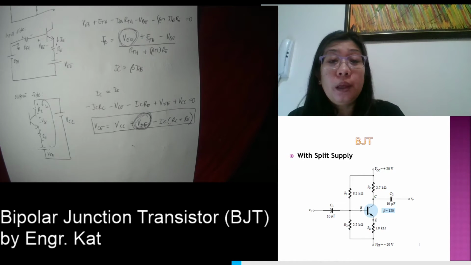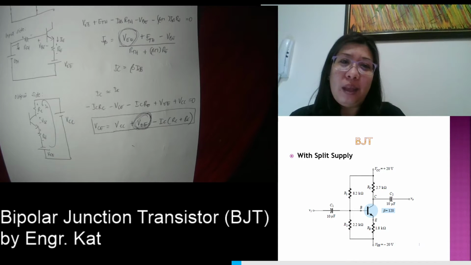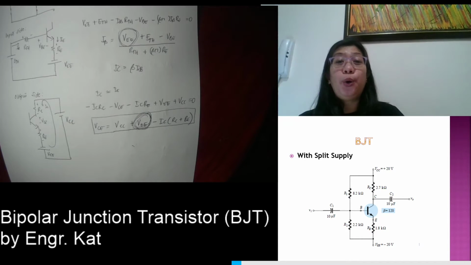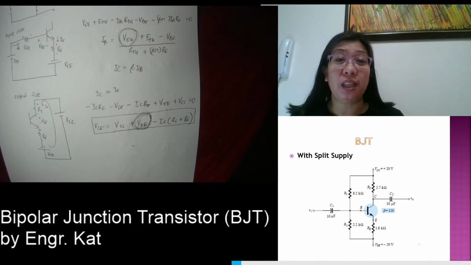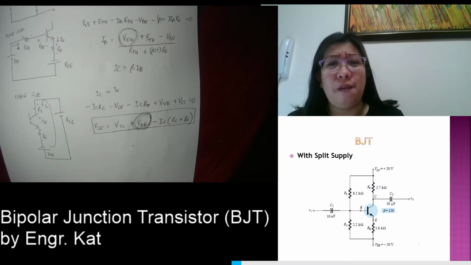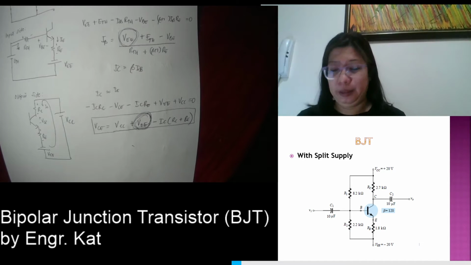Aside from the common base configuration, because in the common base configuration we don't have IB, it's IE, and then you relate IE with IC. So even if you encounter problems or circuits that we haven't discussed, you just have to follow the procedures that we have done, and everything is the same. It is very simple.